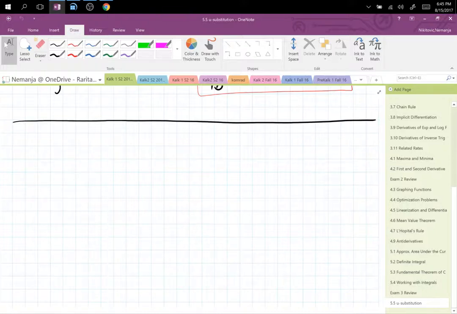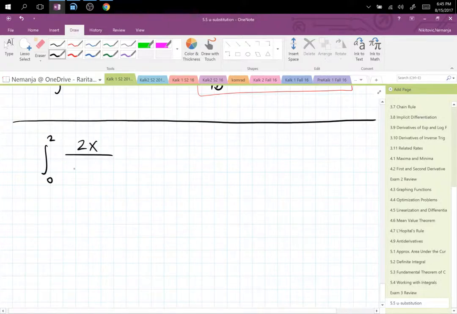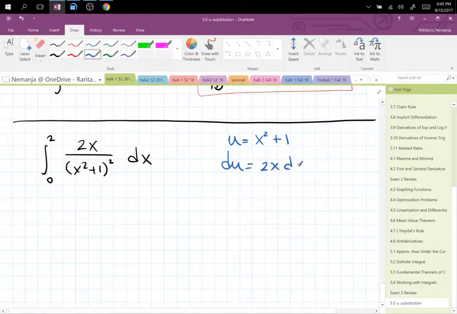Very simple: the integral from 0 to 2 of 2x over (x squared plus 1) squared dx. We are looking for a function-derivative pair. What's u? It's the bottom one, x squared plus 1, and then du is going to be 2x dx.